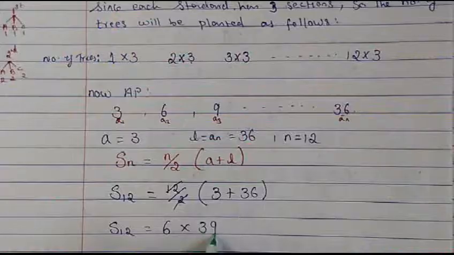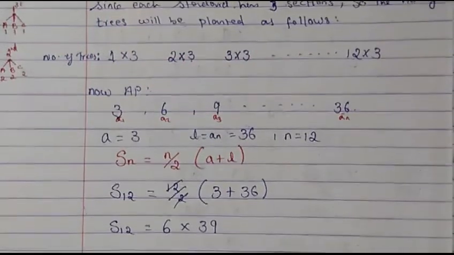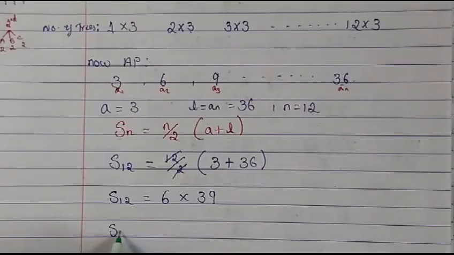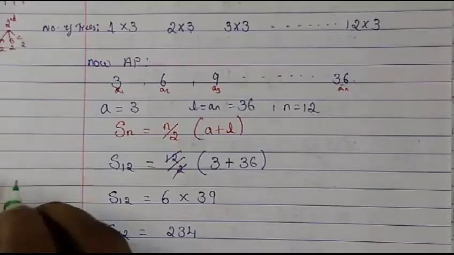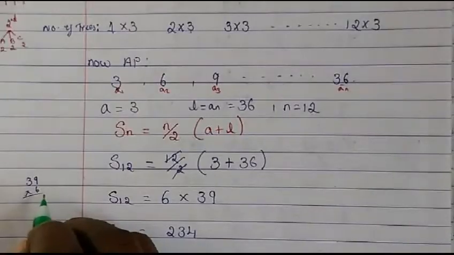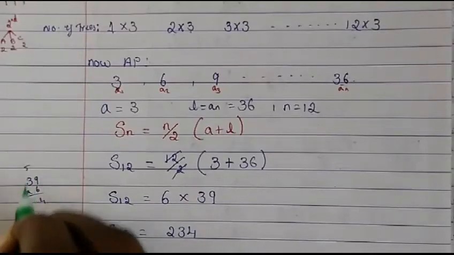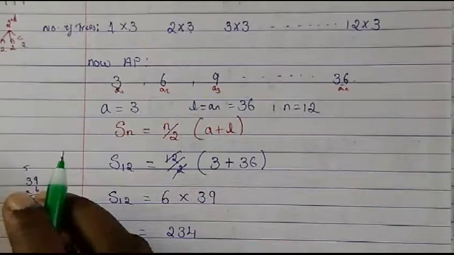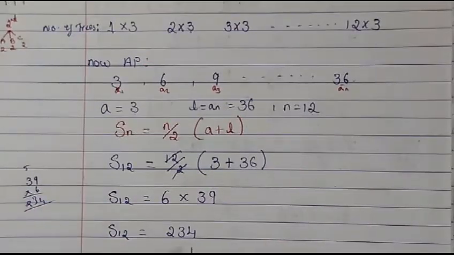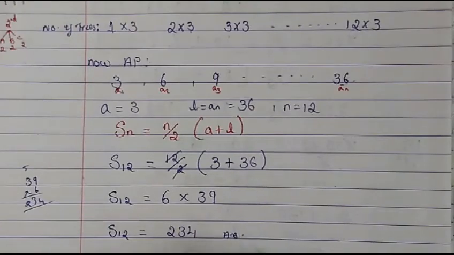This will be 39. So if you multiply 39 into 6, we get 234. So this is our answer.